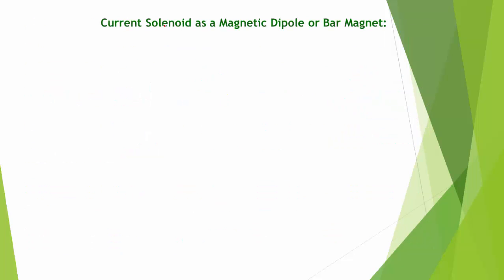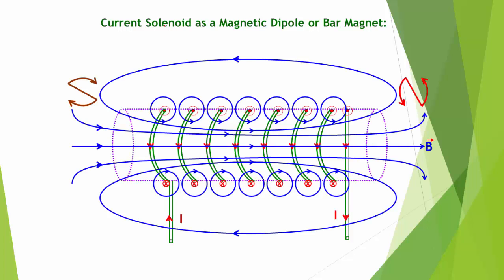And the next concept is a current solenoid acts as a magnetic dipole or a bar magnet. Suppose I consider this is the solenoid. What is a solenoid? A solenoid is a circular current carrying wire. It consists of n number of turns.